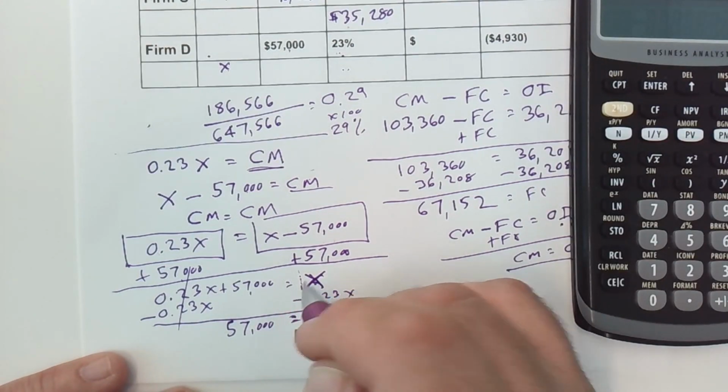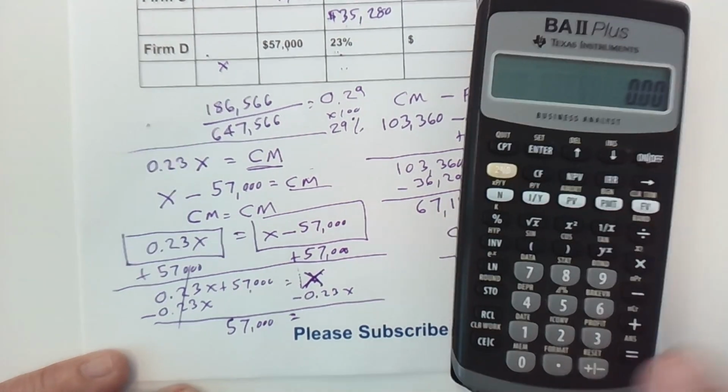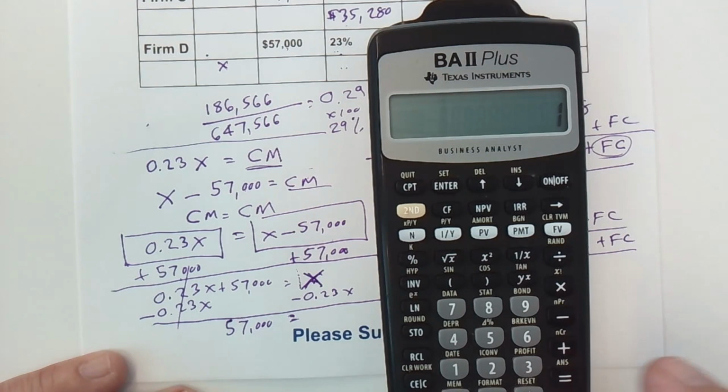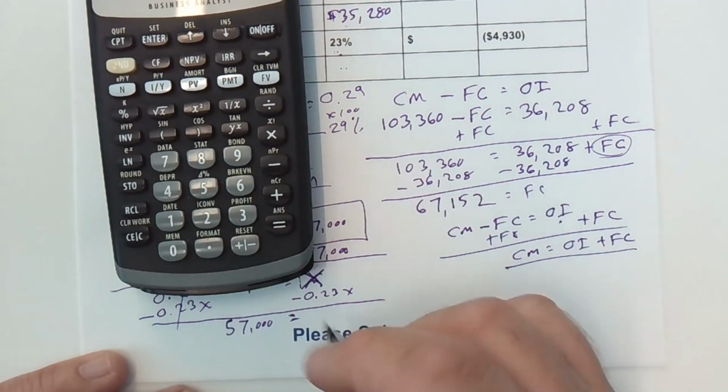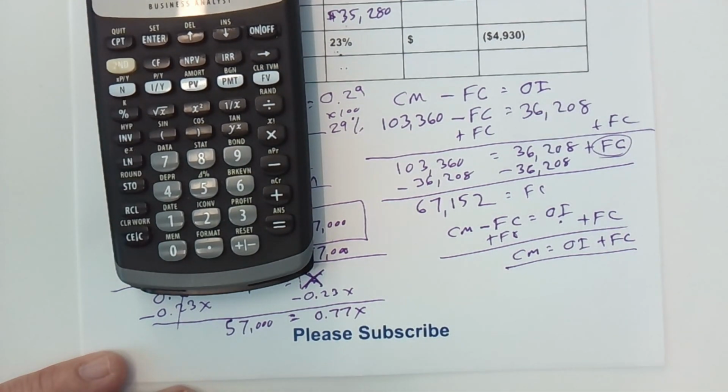There's an invisible 1 here. So I've got 1, and I subtract 0.23 from it. That gives me 0.77x. So far, so good. I want to get the x by itself, so I divide both sides by 0.77.